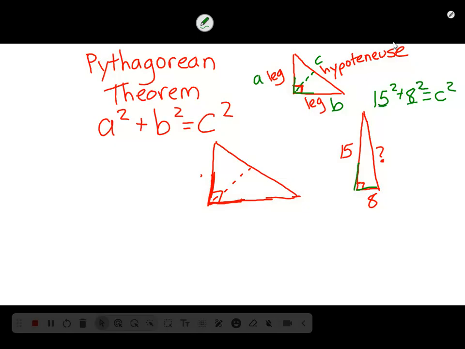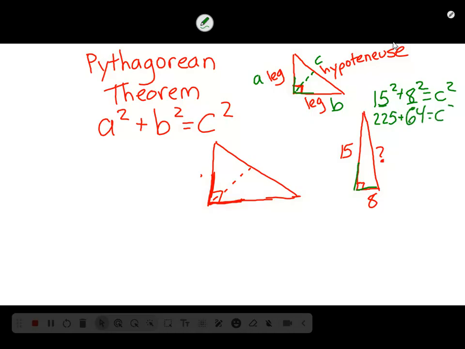So what is 15 squared? Eleanor? 15 squared. So get use calculators. Luke? 225. What is 8 squared, Beckett? 64.